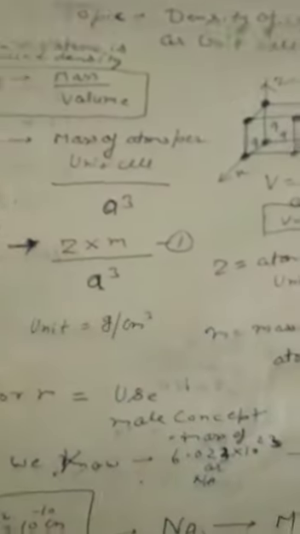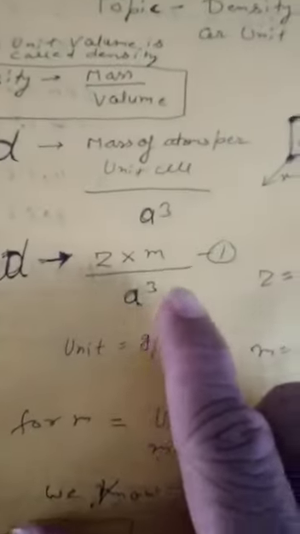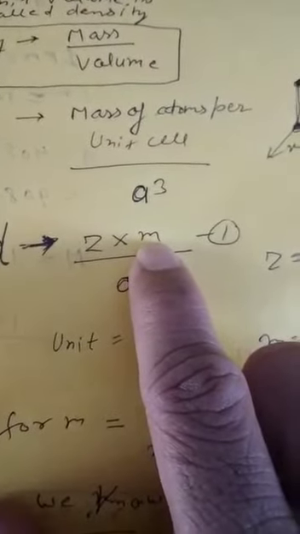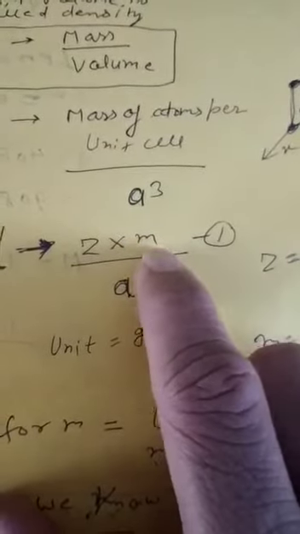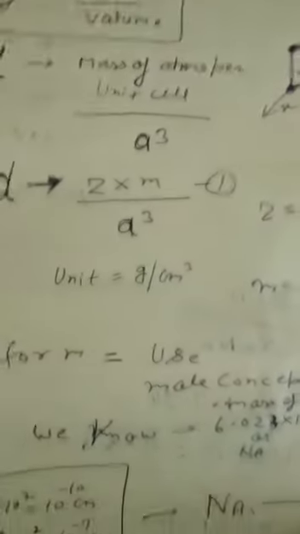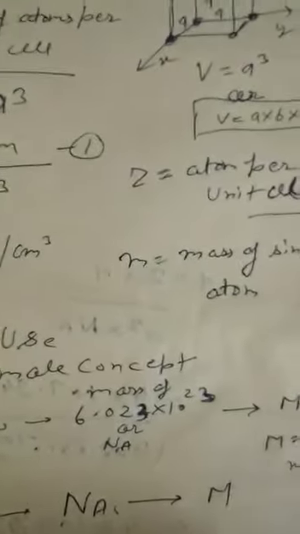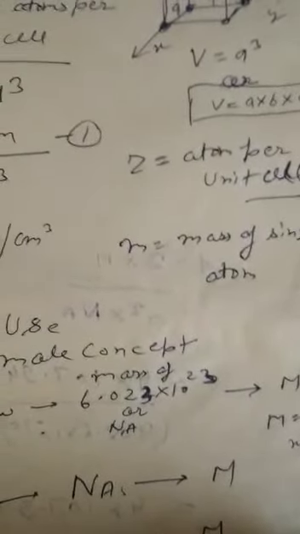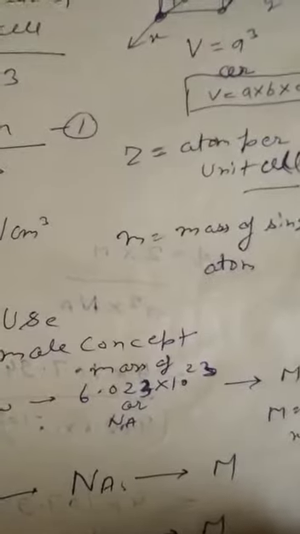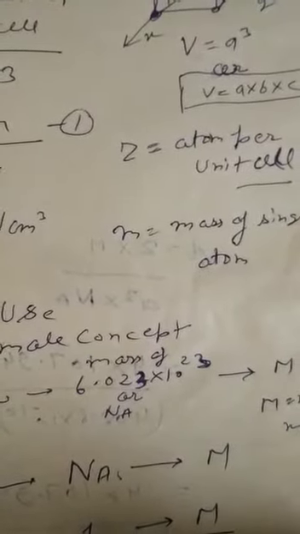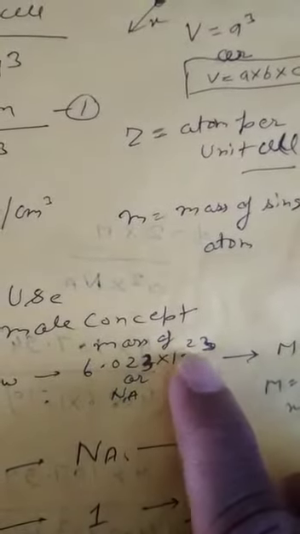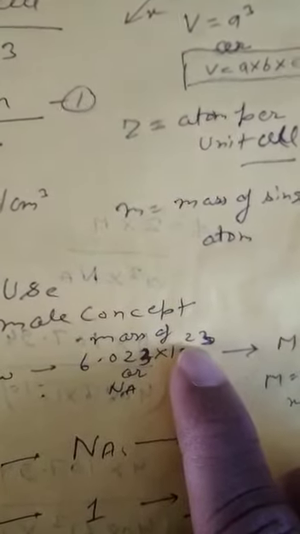Now we have to find out here the small m, that is mass of single atom. For this purpose we have to use the mole concept. Now you all know, according to mole concept, what is the molar mass? The molar mass is mass of 6.022 or 6.023 into 10 raised to power 23 particles.